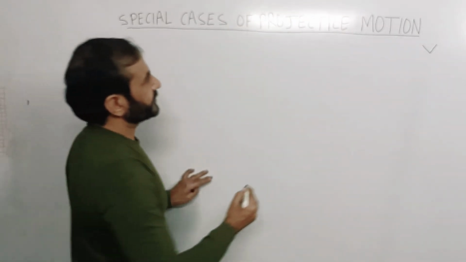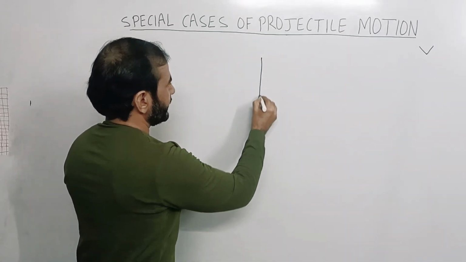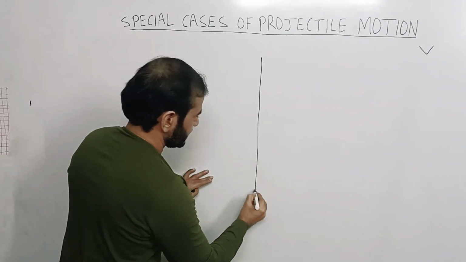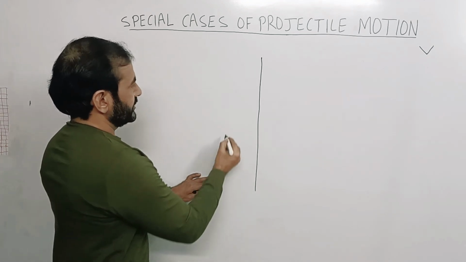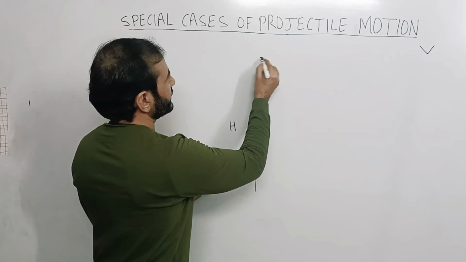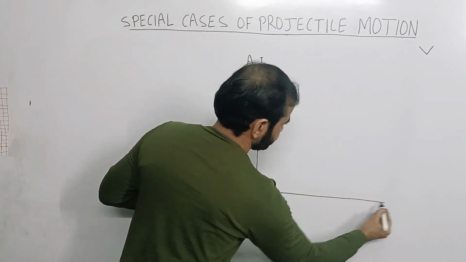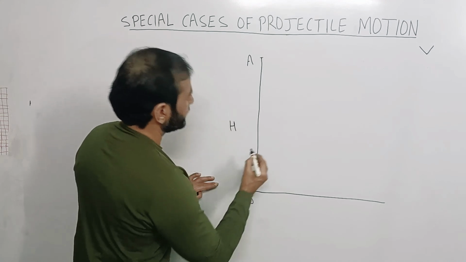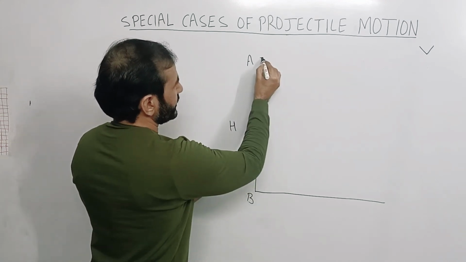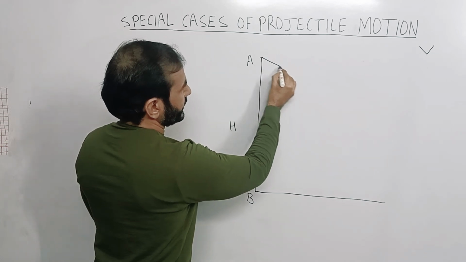See, this is a tower or say something of h height. It may be a hill. This point is A, this is ground, this point is B. Body is thrown at an angle theta down with horizontal this way.